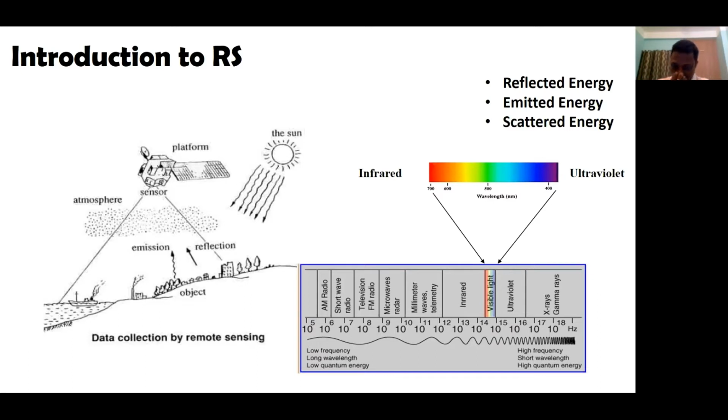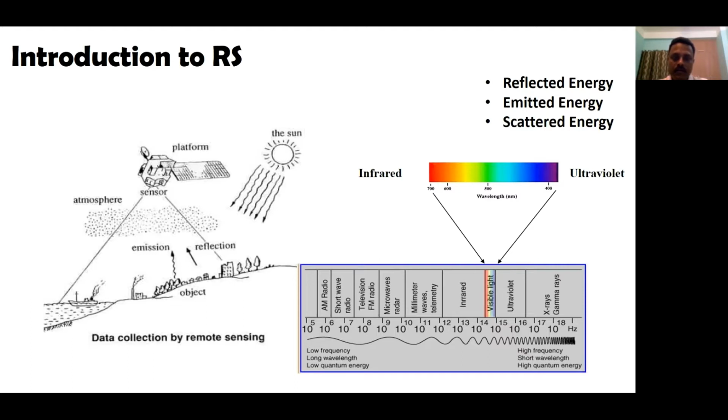Basically, we should remember that remote sensing is engaged in capturing energy. This energy can be divided into three types: one is the reflected energy, another one is the emitted energy, and the third one is the scattered energy.